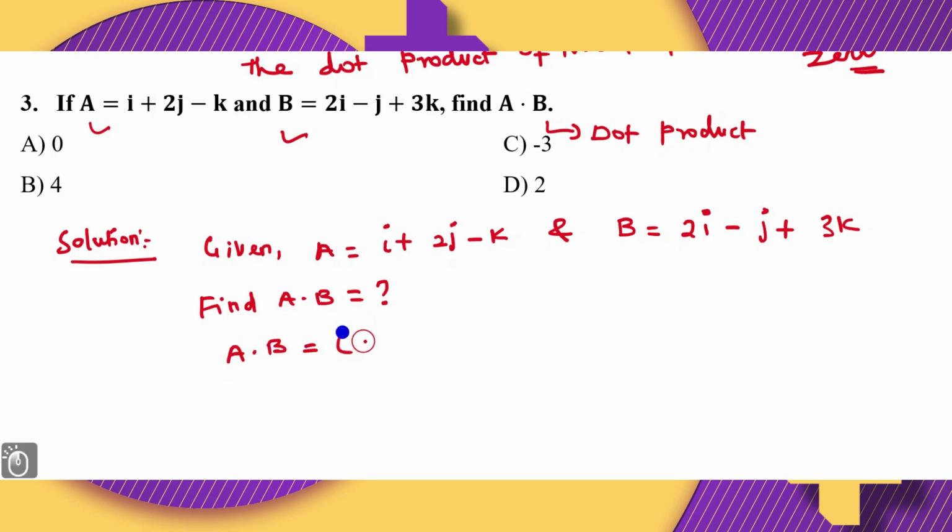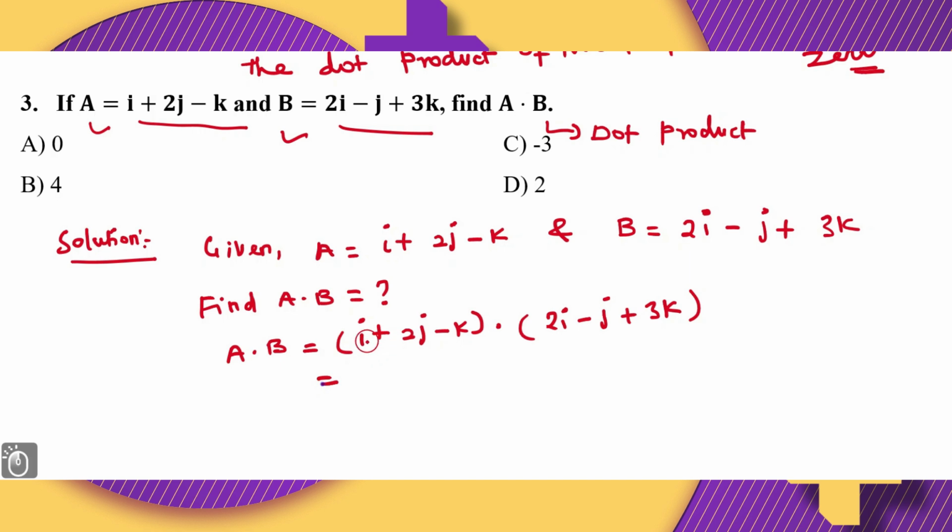So A is i vector plus 2j vector minus k, and for B we take 2i minus j plus 3k. Then we multiply i into 2.